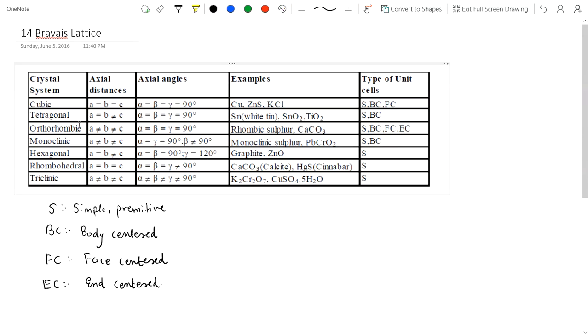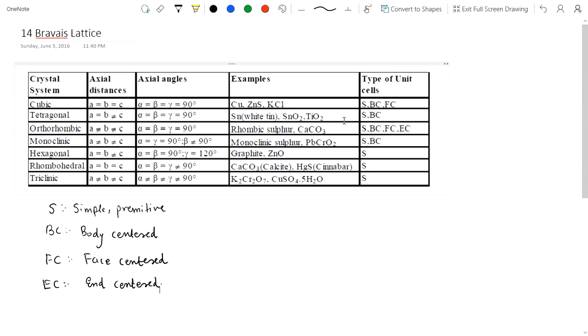So for example, tetragonal arrangement in which one of the sides is unequal, the angles are still 90 degrees, all of them, has two types of possible arrangement: simple or primitive and body centered. Only the orthorhombic arrangement has all four types of cells possible.